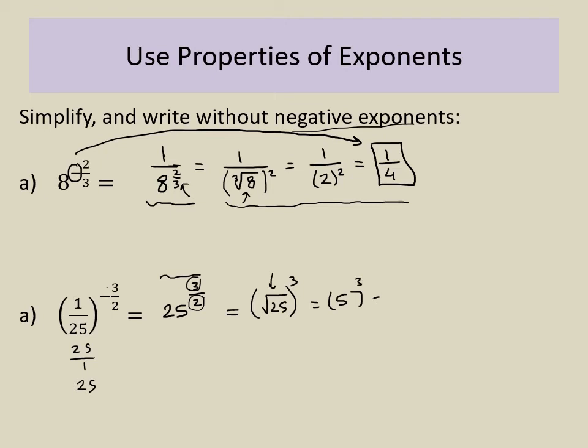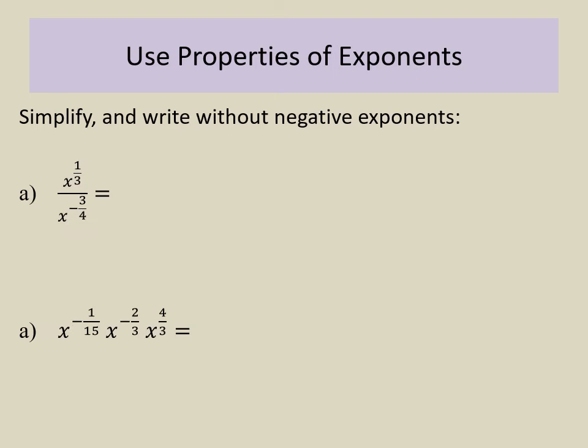Now we have 5 cubed. 5 times 5 times 5. 5 times 5 is 25, times 5 is 125. Okay, so 1 over 25 raised to the power of negative 3 over 2 simplifies to 125.